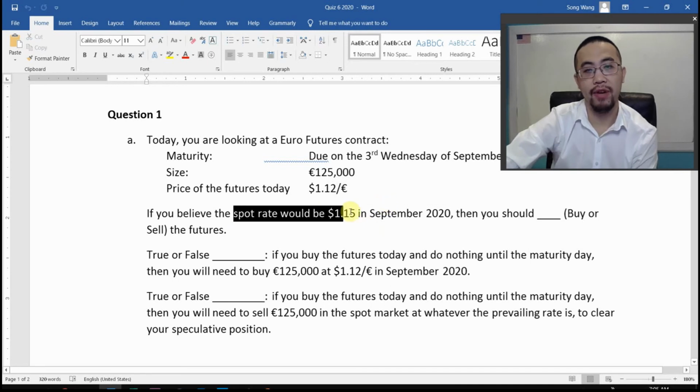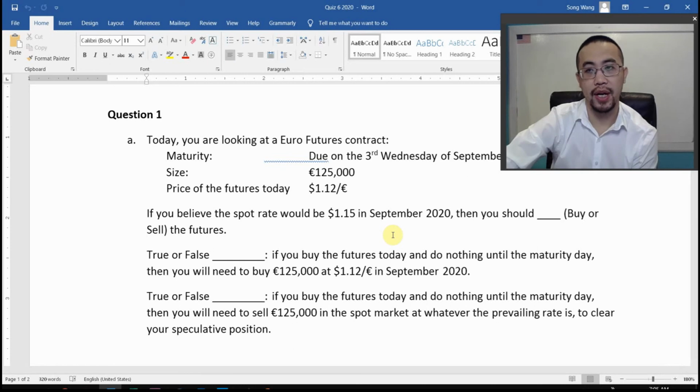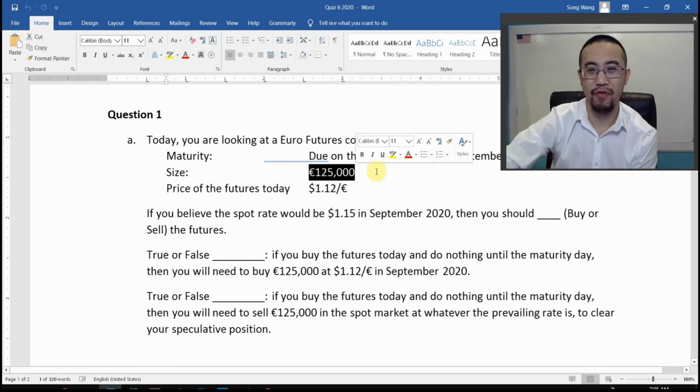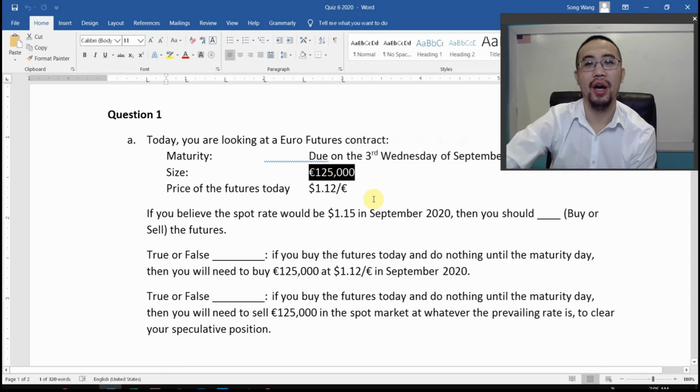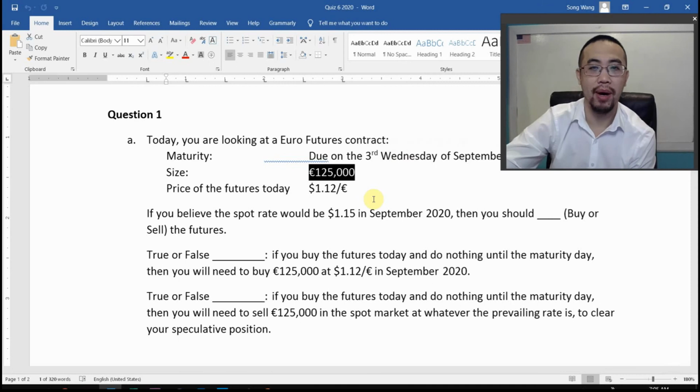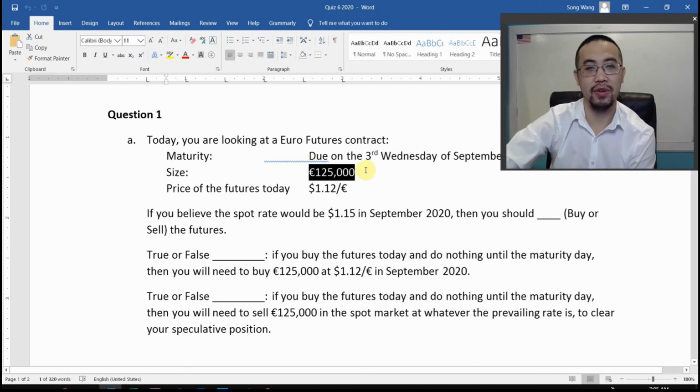And this 1.15 is a spot rate. If you are trading futures, you are a speculator in this case, and you will need to clear your position, because at the end of the game, you don't want to hold 125,000 euros because you are now traveling to Europe to buy a Ferrari or to spend a 3 month vacation. You're going to sell these euros in the spot market, all right? And that's going to clear your position.